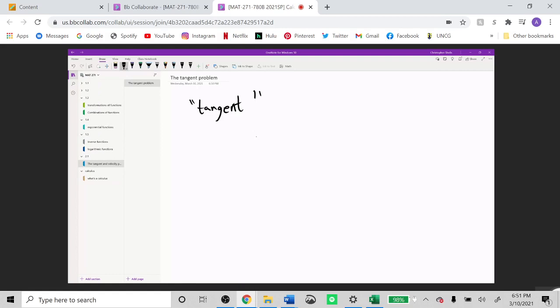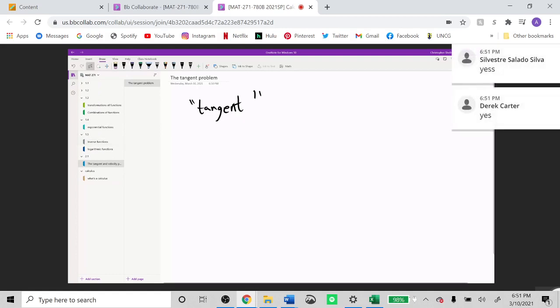And if a line touches a curve at exactly one point, then it has to be following the same direction as the curve at that point. Do we agree? Yes.